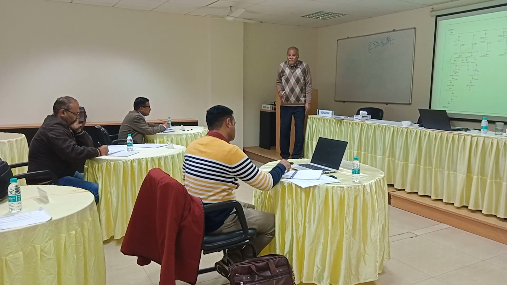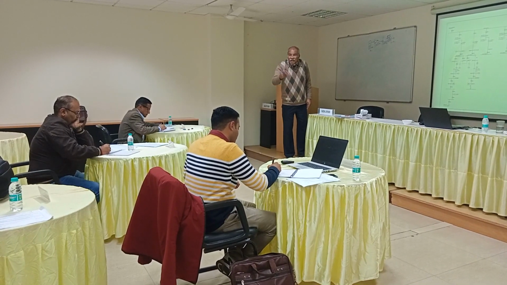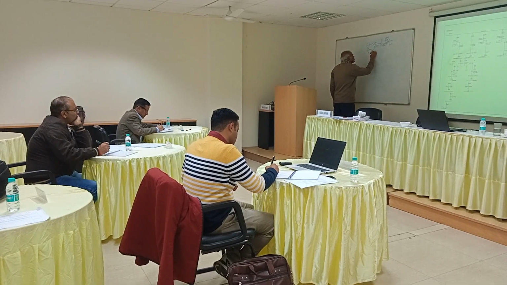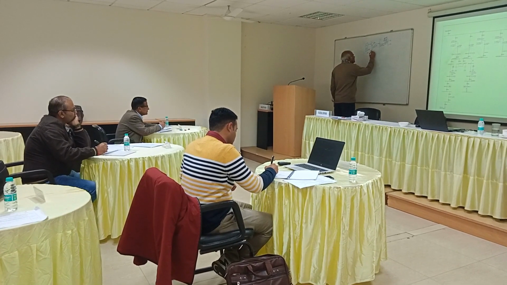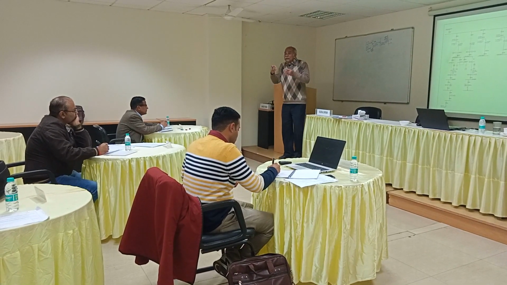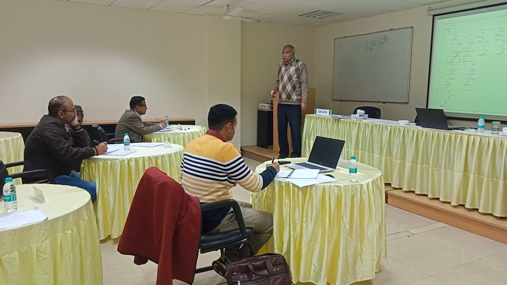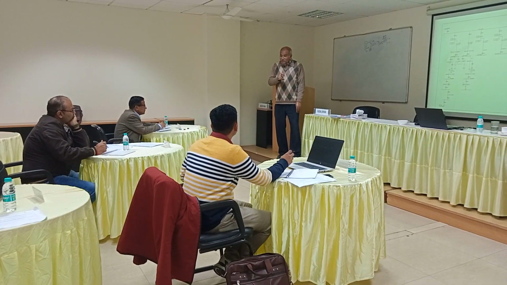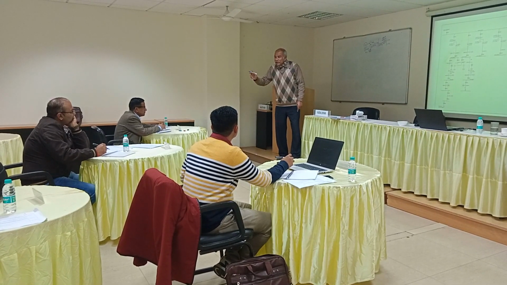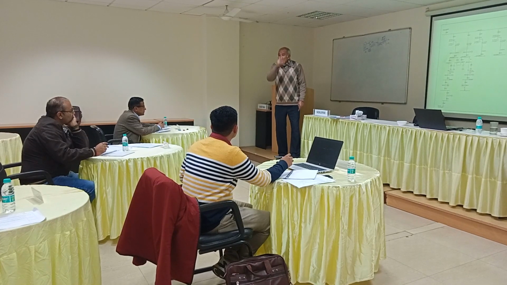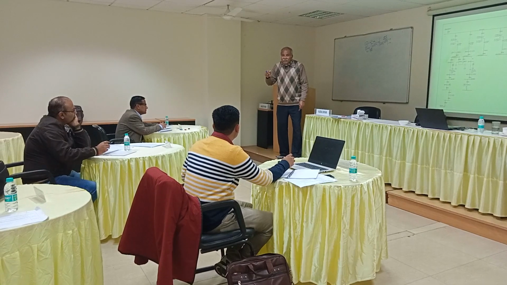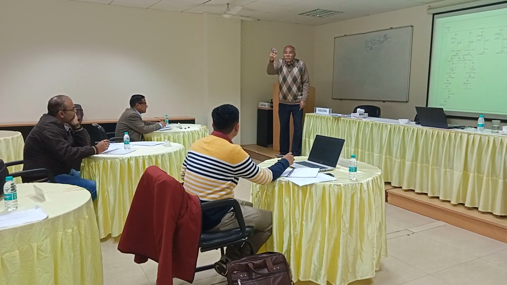You can verify it dimensionally also. For every step you have to have a verification process. kV square, denominator is MVA. MVA means kV into kA, kilo ampere. So kV gone, kV by kA means impedance in ohmic value.